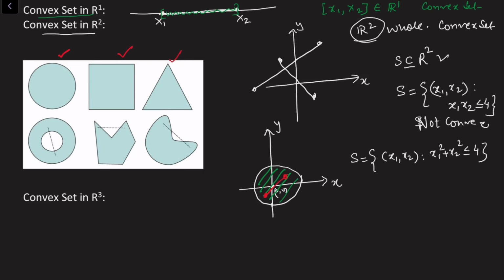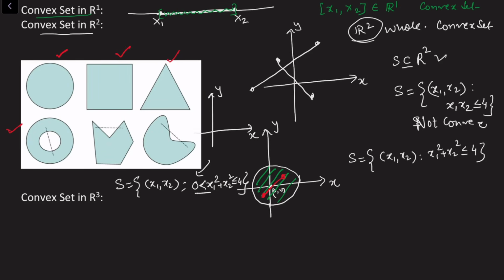But now suppose I consider two concentric circles. Again consider the x-axis and y-axis, and the set that I have defined here is x1, x2 such that the radius is strictly greater than 0 and less than or equal to 4. So the first circle has radius strictly greater than 0 and the second circle has radius less than or equal to 4.